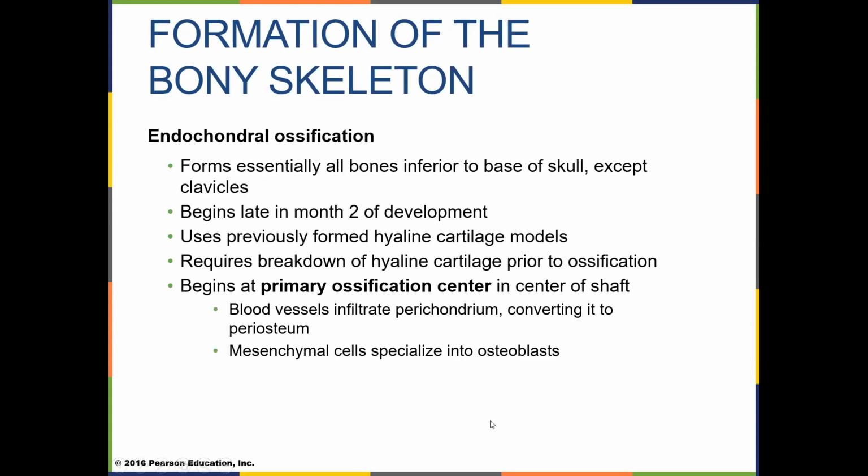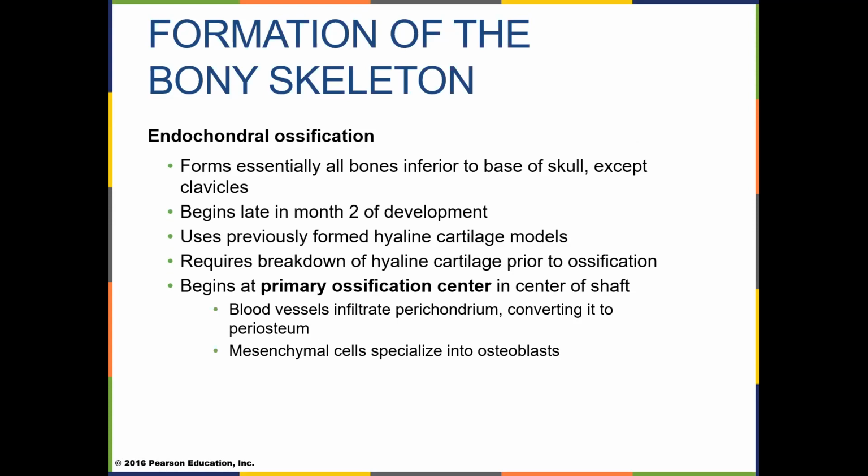Okay, so endochondral ossification forms bone from a hyaline cartilage model for everything except the four bones of the skull and the clavicles.